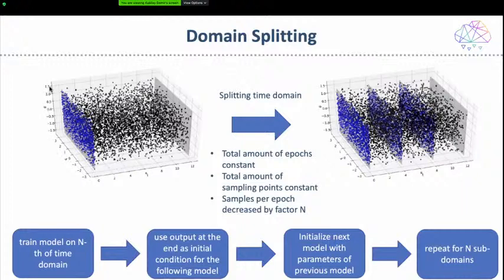So here, one slice is basically one solution or one space at one time, and this axis represents the time evolution. These are all the samples that they take for evaluating the loss term for the differential equations. If they train one network to predict this time evolution from the initial condition over the whole domain, they use this whole number of collocation points.